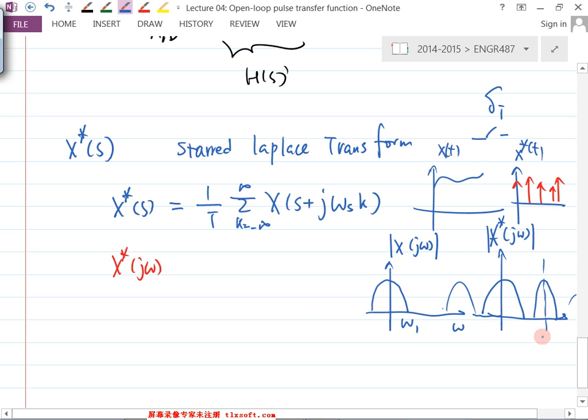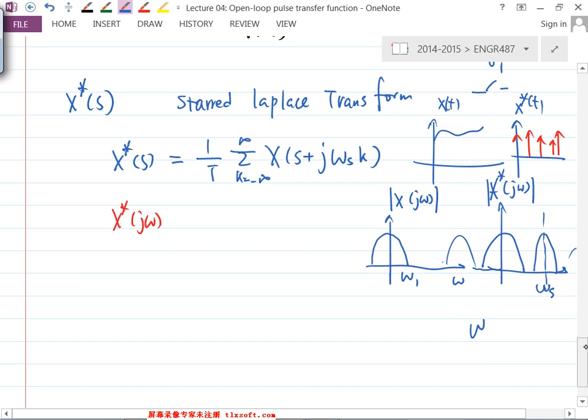The second bump is centered at omega s, which is the sampling frequency, and in the center here, this is omega s over 2.